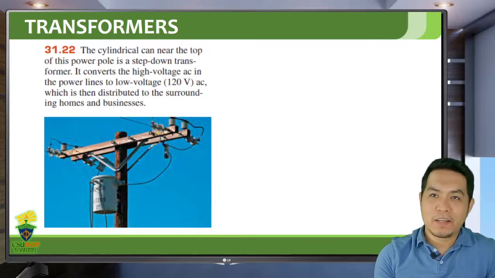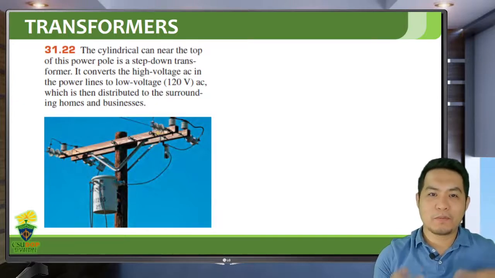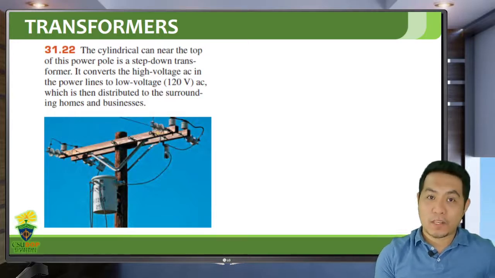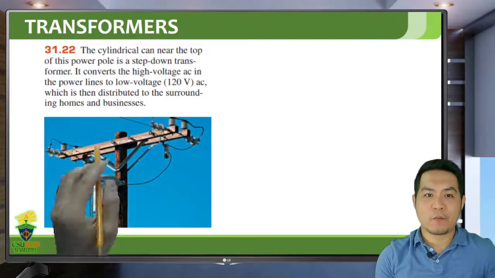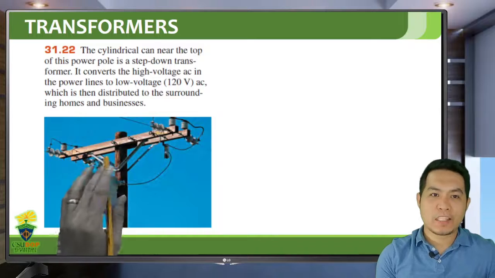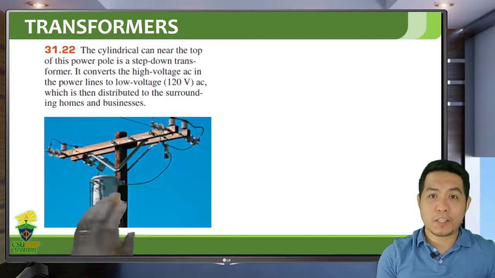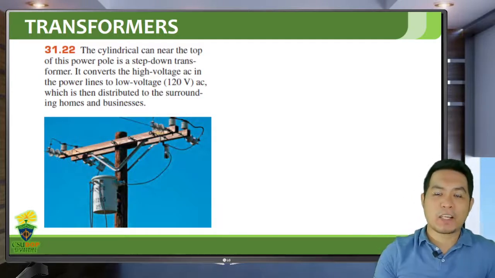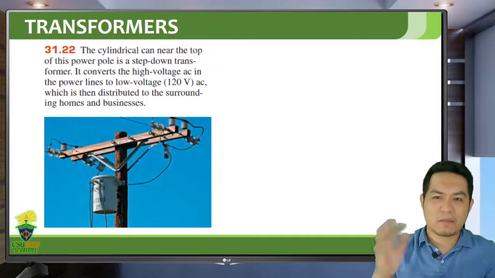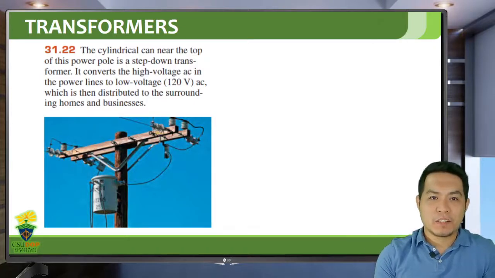In the Philippines, you have high voltage, low current traveling along from the source to the transmission lines, and when it reaches this post, it steps down the voltage to 220 volts, but it steps up the current to a maximum of 10 amperes. So that's a step-down transformer.